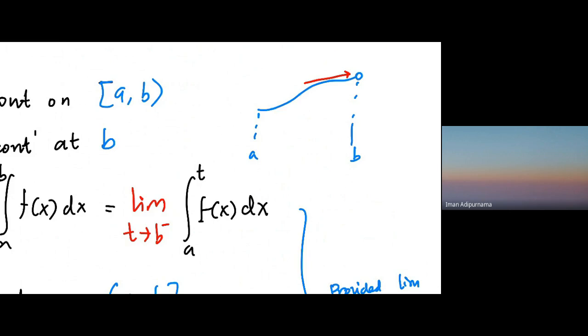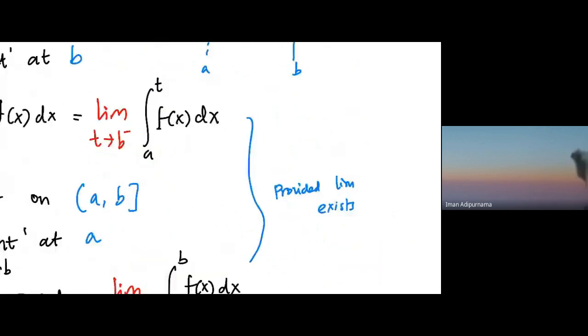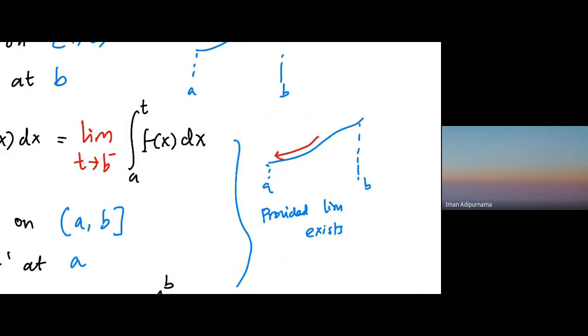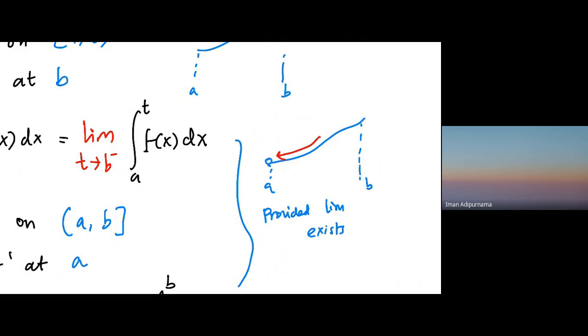Similarly with a, when you have discontinuity at a, we can approach this from the right of a, right? The limit. So that's why we need to change the value that makes the function discontinuous with some other variable, and we try to make the limit a left-hand or right-hand limit.